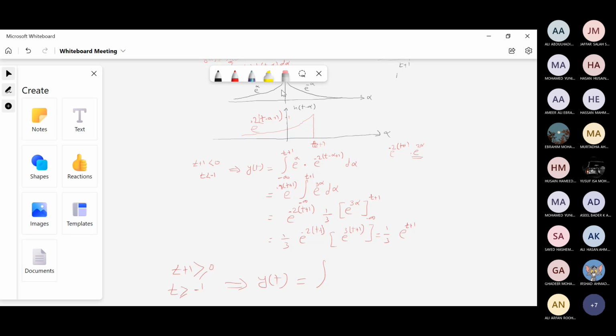Then from minus infinity to 0, because we have one function here, it is the integral from minus infinity to 0 of e to the power of alpha multiplied by e to the power of minus 2 t minus alpha plus 1 d alpha, plus the integral from 0 to t plus 1, because after t plus 1 this is equal to 0, of e to the power of minus alpha multiplied by e to the power of minus 2 t minus alpha plus 1 d alpha.